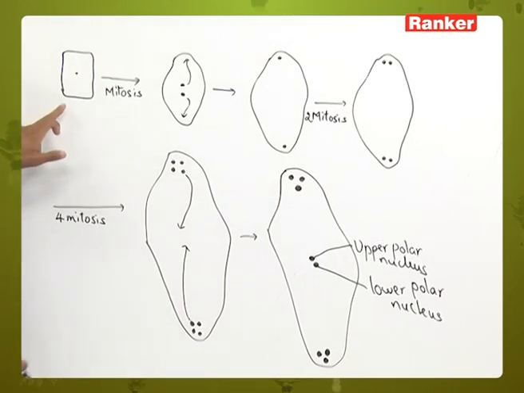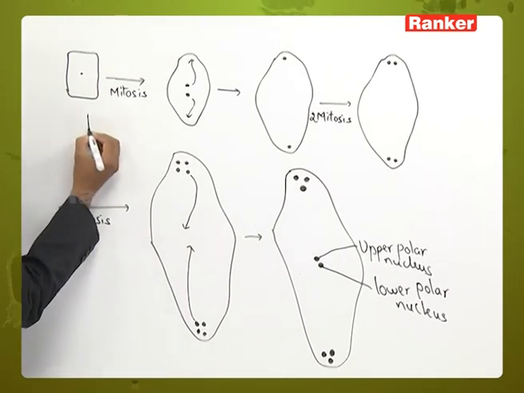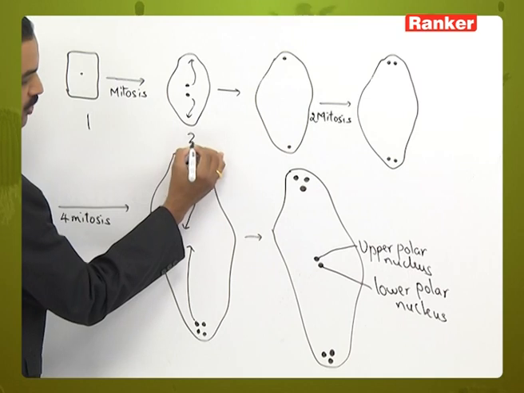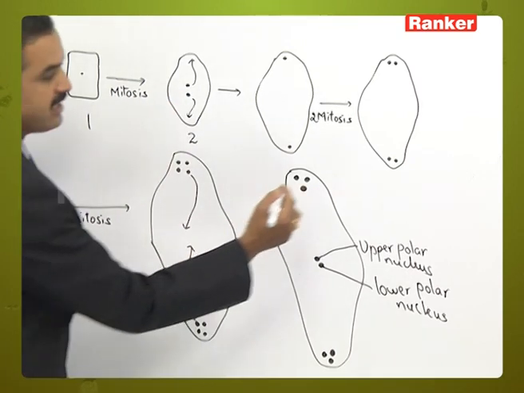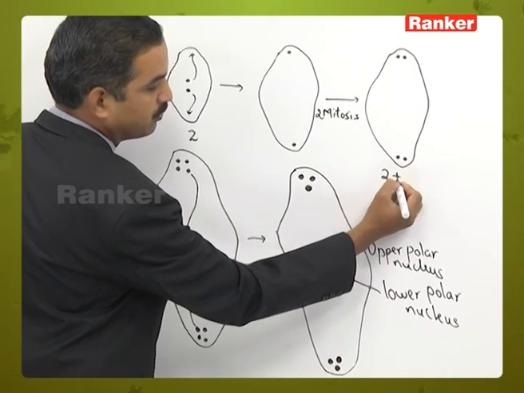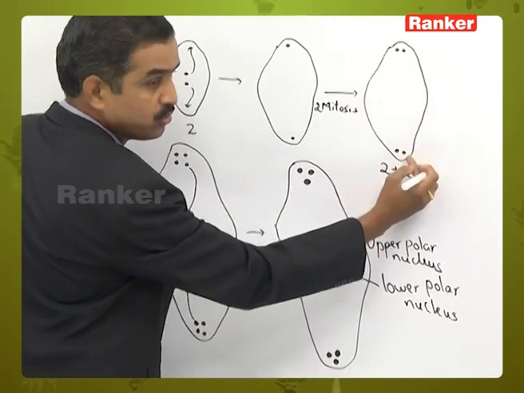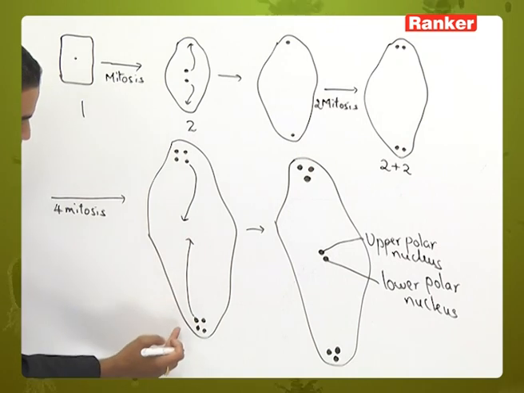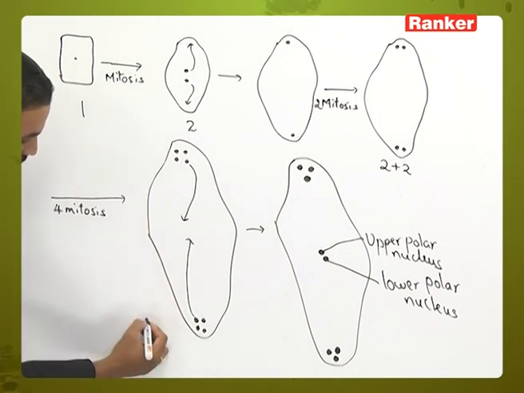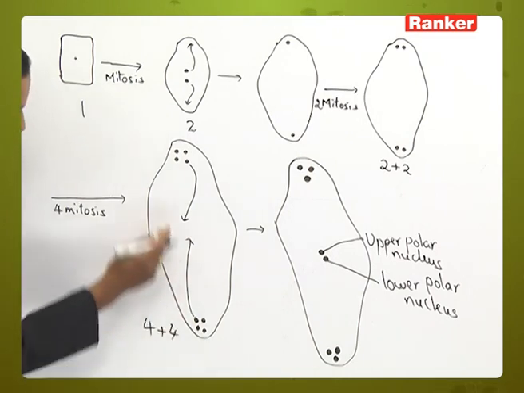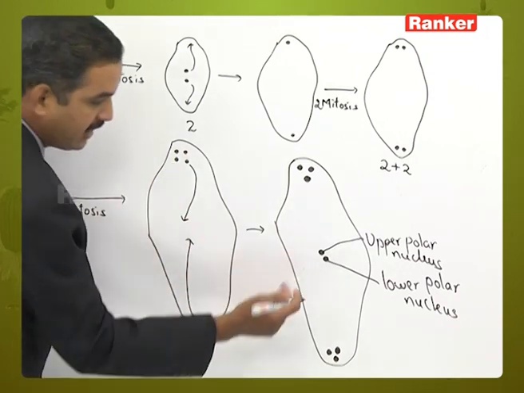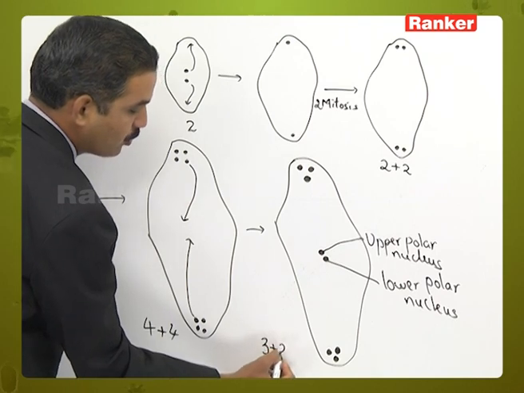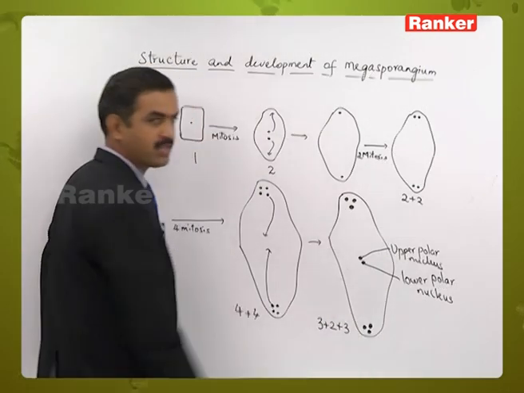So let's start here. First 1 nucleus, then 2 nuclei, that is a 1 plus 1 arrangement, and here we are getting 2 plus 2, that is 2 here and 2 here, and here we are getting 4 plus 4, 4 on the micropylar and 4 on the chalazal end, and here a 3 plus 2 plus 3 pattern.